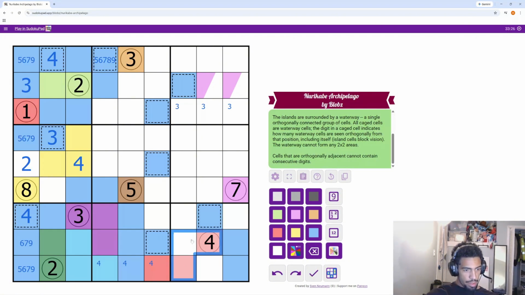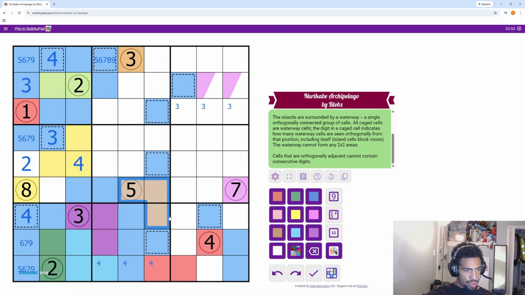It can't be the 4, and surely this is too many digits for 7, Cage. So this has to be brown, the same as 5, which means this has to be brown. Nice, thank you. So this has to be brown. Right.